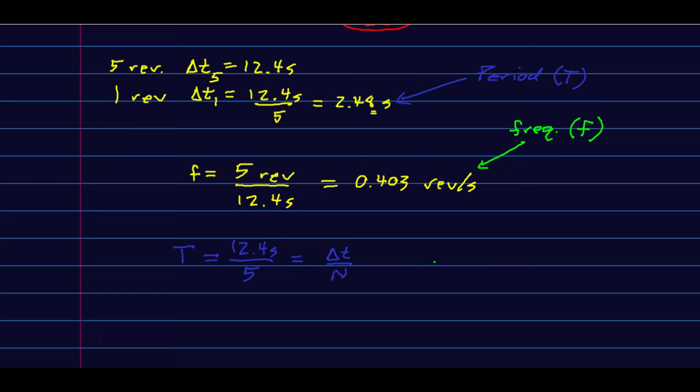Well, the frequency, if you look at it, we did 5 revolutions over 12.4 seconds. And so we took the number of revolutions divided by the time that they took. Hey, look! Those are just the flip of one another. And so we can just see that they always must be related this way, that the frequency is just the period turned on its head, 1 over the period.